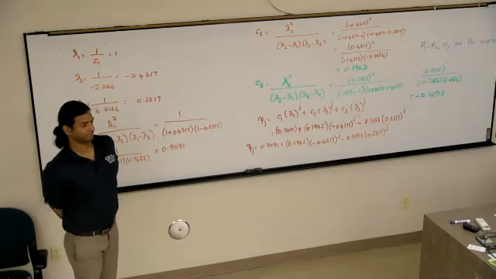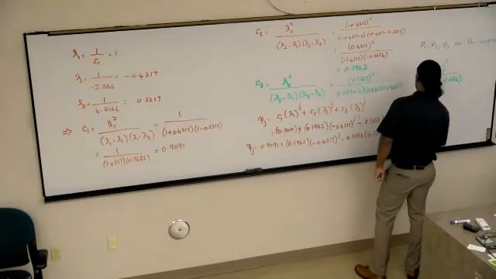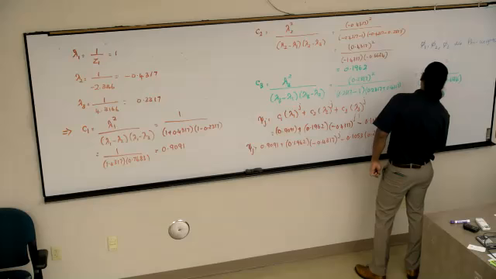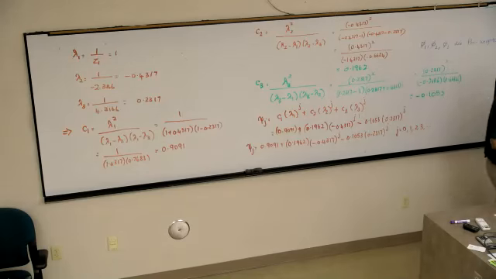Good. And j can be any value starting at 0. So 0, 1, 2, 3, dot, dot, dot, keep on going all the way up to infinity.